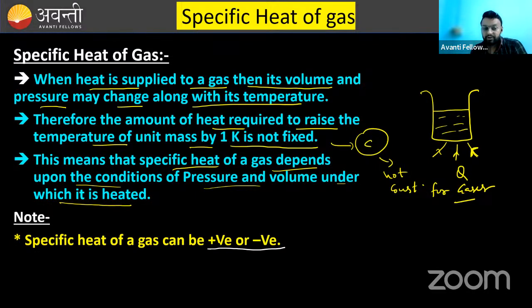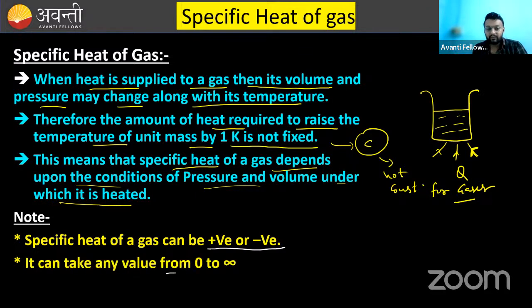So you need to remember that the specific heat of a gas can be positive, can also be negative, and it may take any value from 0 to infinity. I think the concept behind specific heat of gas is clear. Why it is not constant is clear, because it depends on the parameters by which pressure and volume vary. I think this slide is clear.